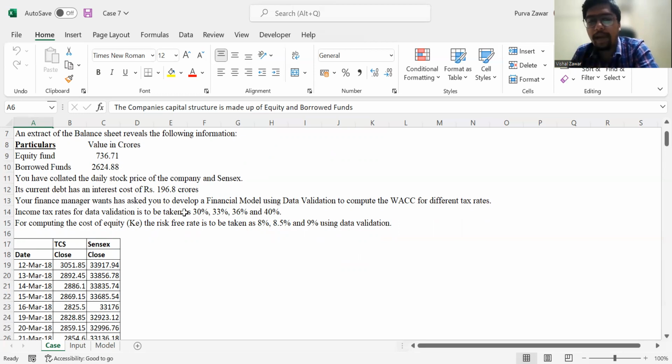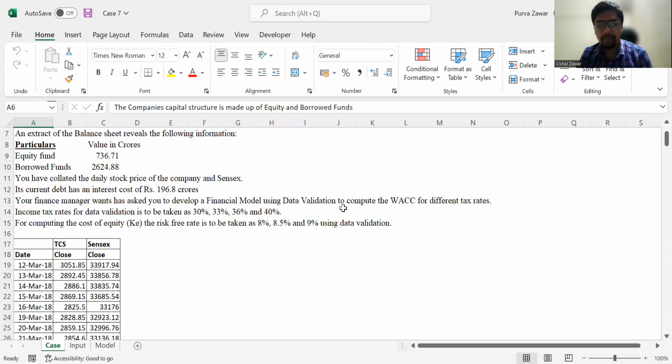This will be used to find out the beta of the stock, because for finding WACC, I need to find out what is the weighted average cost of capital. So if I have 100 rupees of capital in my business, then what is the cost of raising that 100 rupees?